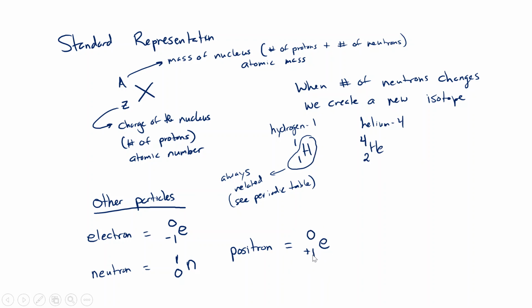When I said these were always related, like 2 minutes ago, it turns out "always" was maybe an overstatement, because here we have a 1 that's associated with a positron as opposed to the hydrogen nucleus. So these three other particles, the electron, the neutron, and the positron, we will also use occasionally in our nuclear chemistry reactions.